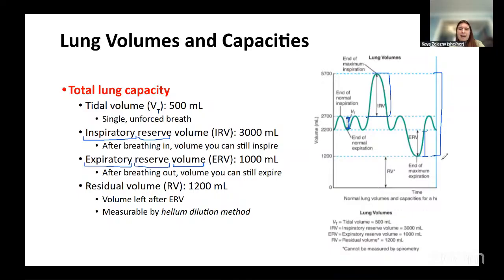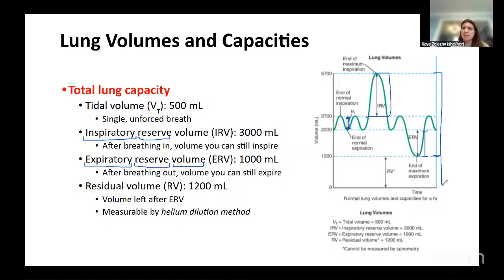So even after you breathe out, the end of the maximum expiration, so at the end of the ERV, right, you used your abdominal muscles, you used your internal intercostals, you compressed your chest as much as you could, you still didn't totally collapse your lung, right? It's good you didn't collapse your lung, right? A collapsed lung is then going to suffer from a lot of surface tension. It's going to be hard to unstick the alveoli if you totally squished all their walls, right? So it's good you didn't breathe it all out.